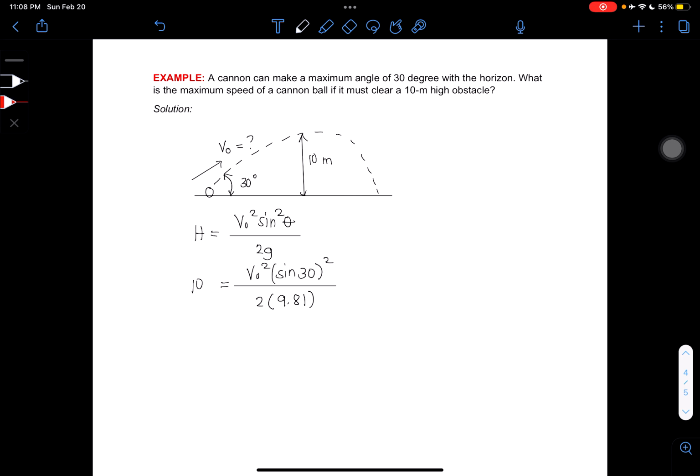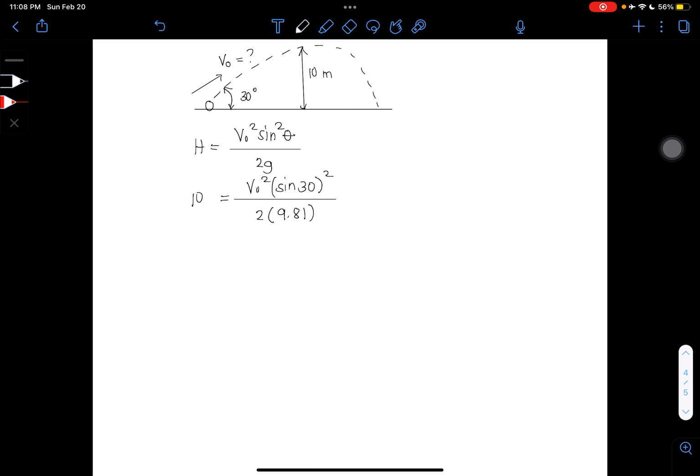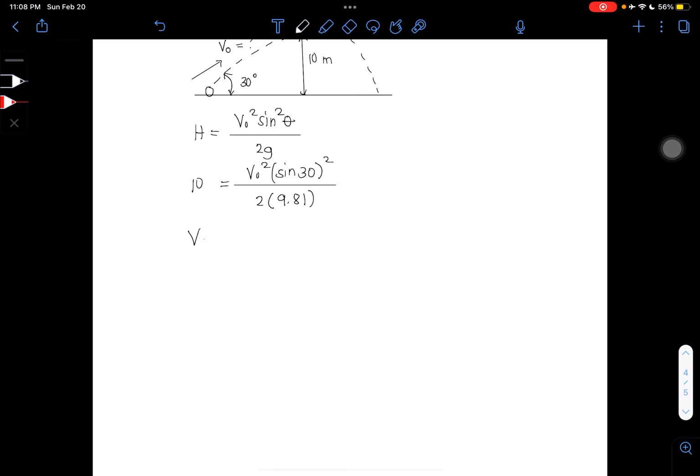So to solve for our initial velocity, derived na to na. Transpose ni ma'am tanan, no? So V0 squared sine 30 is equal to 10 multiplied by 2 and 9.81.